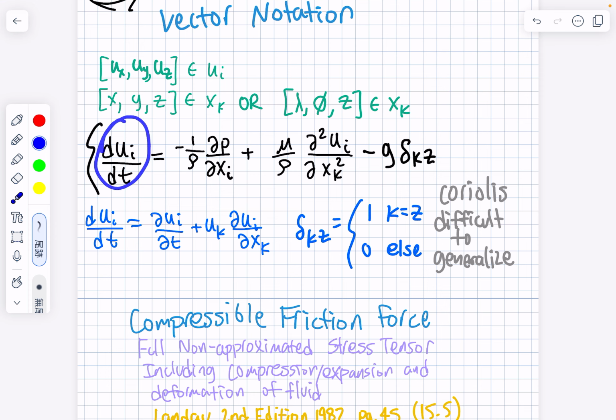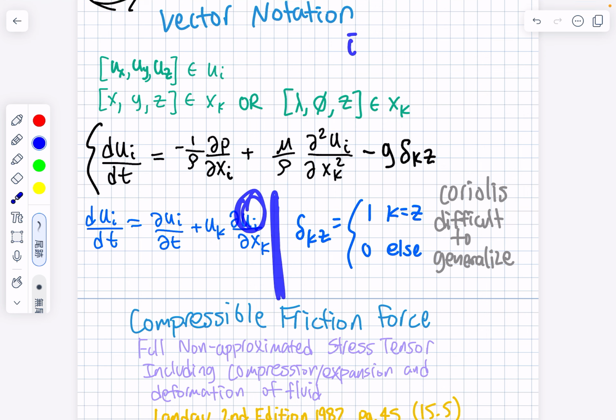And then if we look inside of the total derivative, we also have this kind of thing. This is how we'd write advection in vector notation. You basically loop through, you add together this equation 3 times, and then you also do it along the i direction.